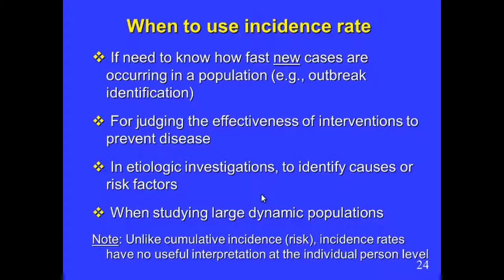People can come and go from a dynamic population and contribute a certain amount of person time, and if you're able to capture that person time, and also the frequency of disease occurrence, then you can get measures of incidence rate. But as I think already mentioned, incidence rate as such has no useful interpretation at the individual person level. You can't tell a person that their incidence rate is such and such and really have it mean anything to them. That's why we need to use cumulative incidence as well.